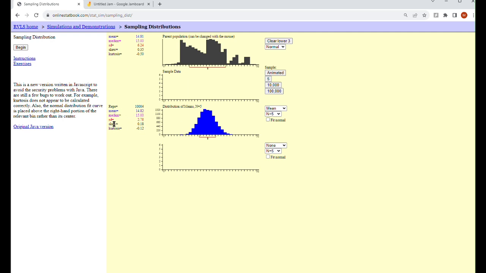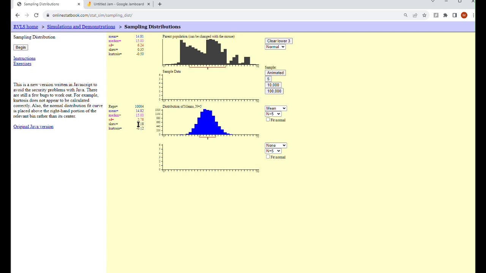So we have this thing called a skew value and a kurtosis value. You don't need to know too much about it, but the skew value tells us how much the distribution is skewed to either the left or the right, and the kurtosis tells us how much the distribution has a smaller peak and more spread out tails as opposed to a typical standard normal distribution.